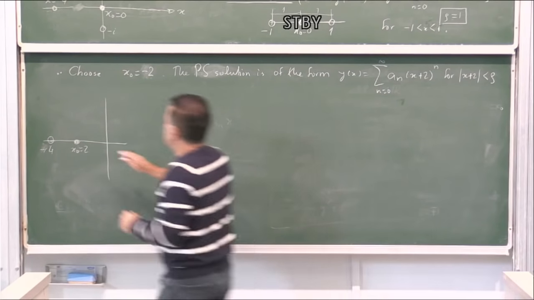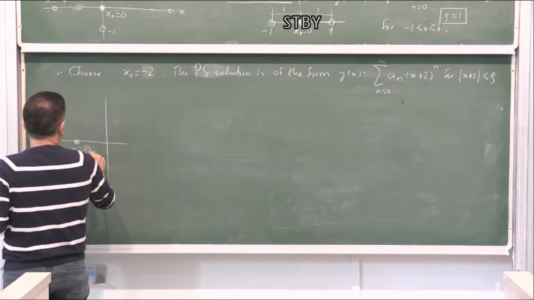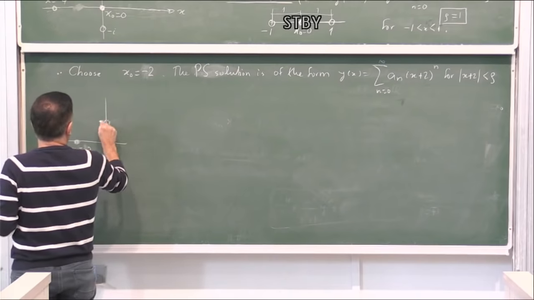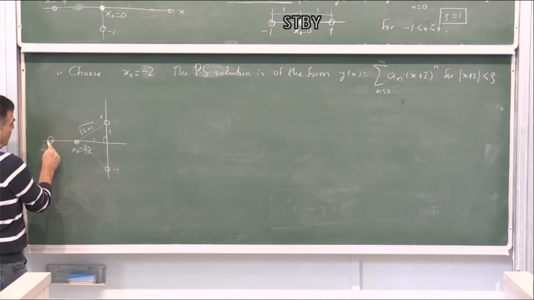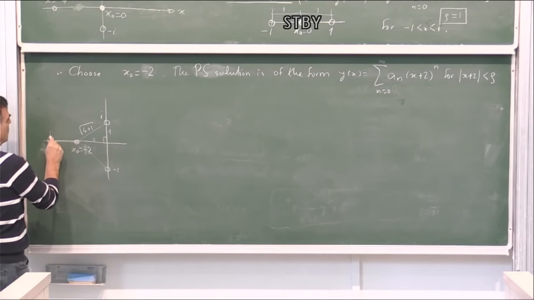Okay? So now these are singular points, plus and minus i. What is the distance from minus 2 to i? Clearly, this is 2, 4 plus 1, so radical 5. This is 1, this is 2. But when you consider this distance, it is 2 units.